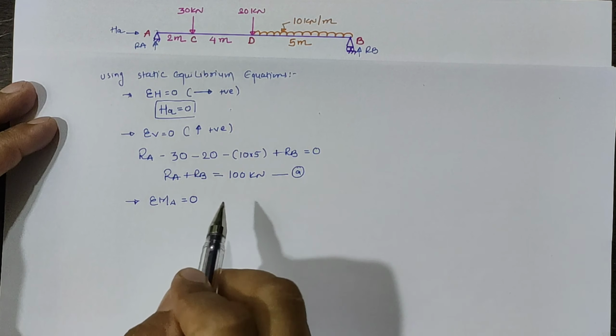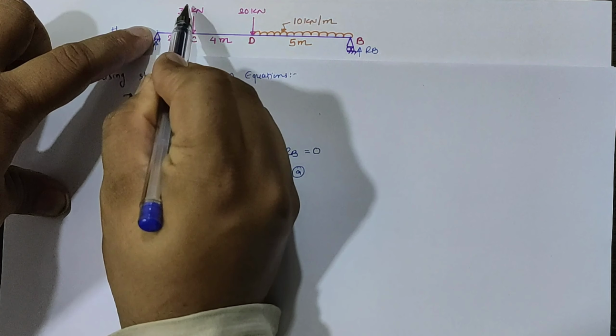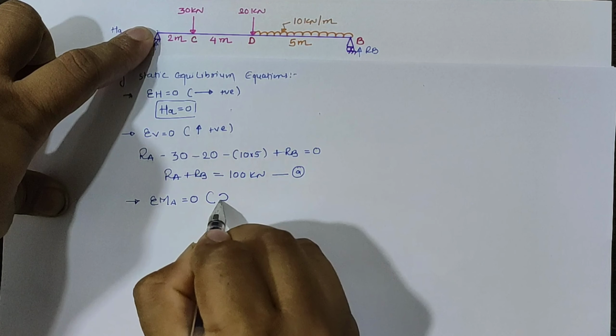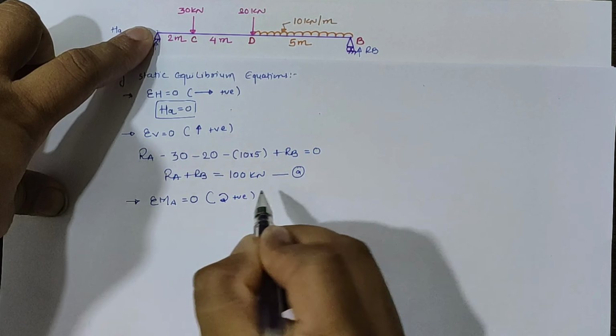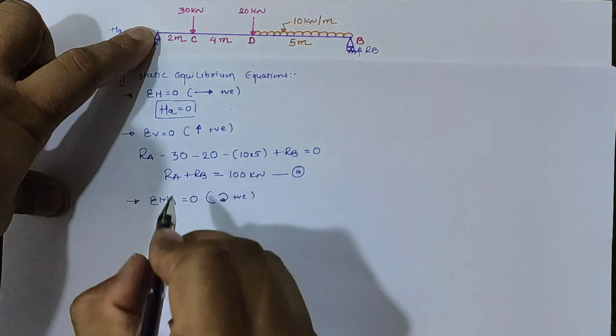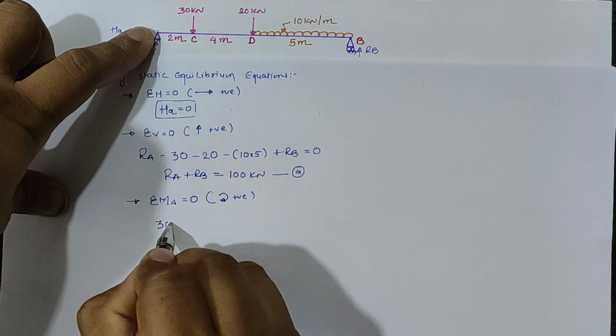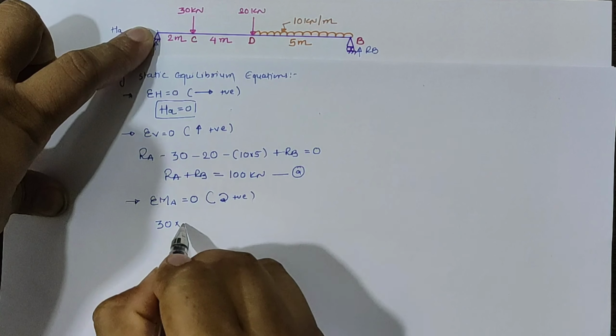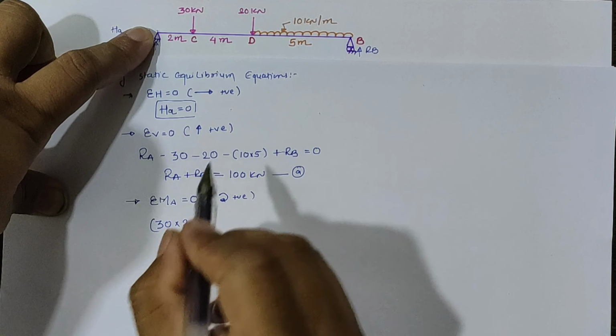For the 30 kilonewton load, it is a clockwise moment, and assuming clockwise is positive and anti-clockwise is negative, for the 30 kilonewton load it is load into perpendicular distance from A, which is 2 meter, so 30 into 2 as a clockwise moment.